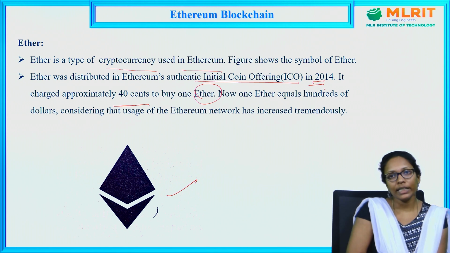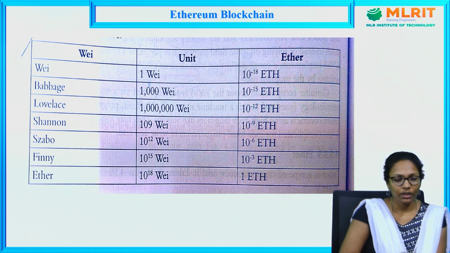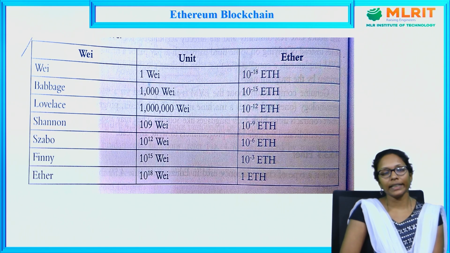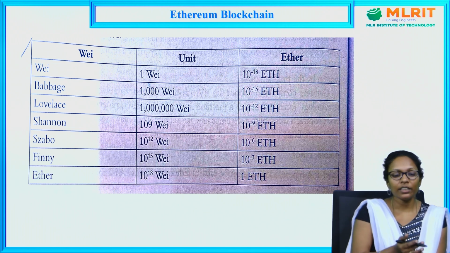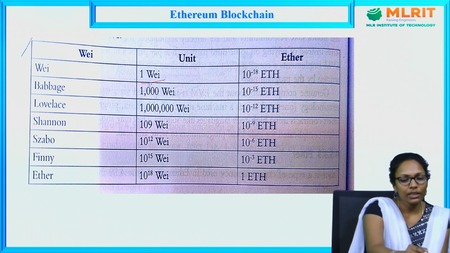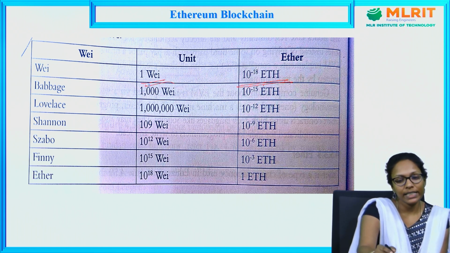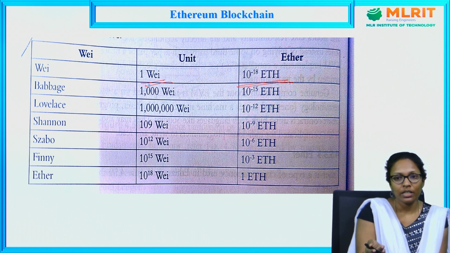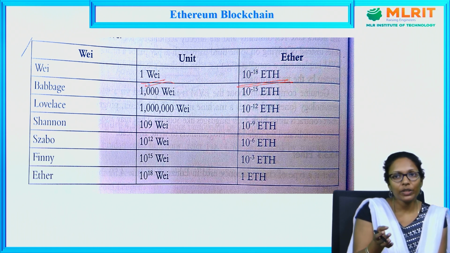But now one Ether is equal to so many dollars. So if we can't buy a whole Ether, then we can also buy in terms of Wei. One Wei is 10 power minus 18 ETH. So if you want to buy a part of the Ether, we can.